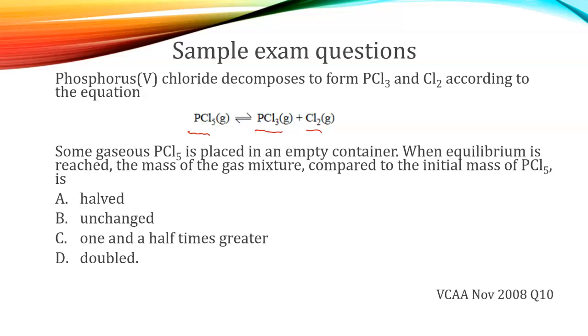There is no loss of products here. It's in an empty container, so we've got to assume it's a closed container. So basically we're looking at the law of conservation of mass here. It's not really even an equilibrium question. It's just a, do you realize that when reactants turn into products, nothing is lost? So the answer to this one is B.